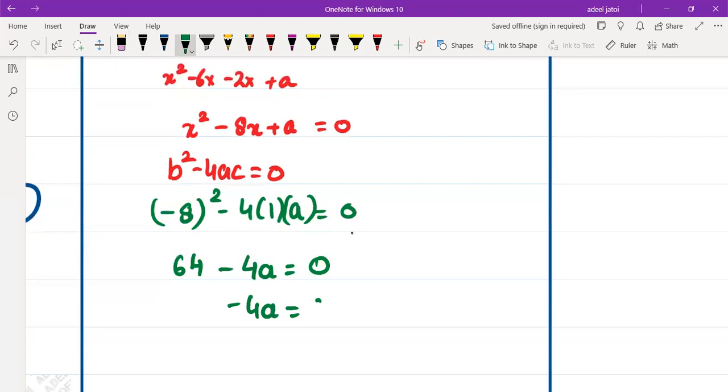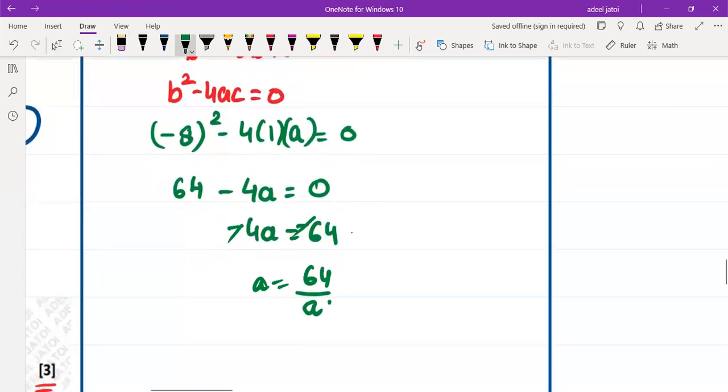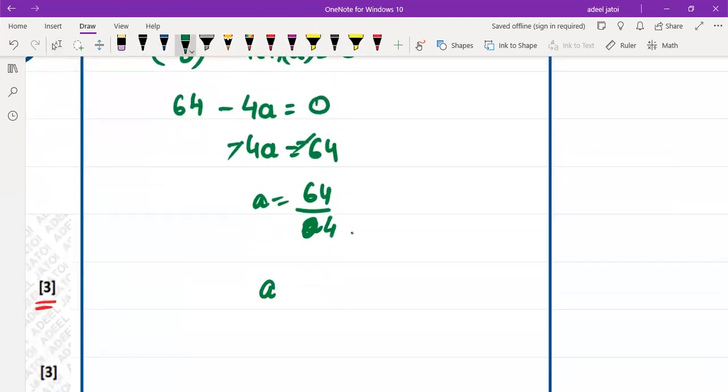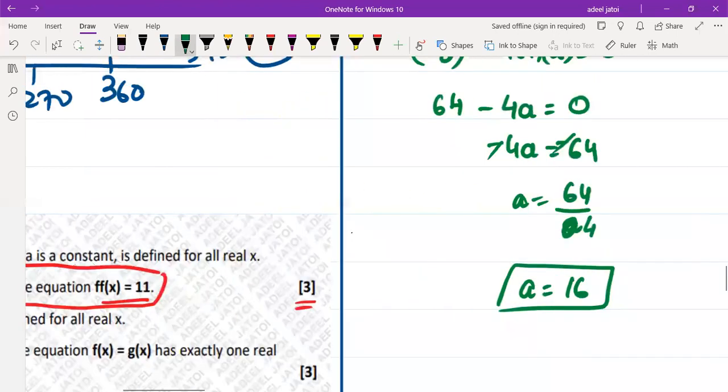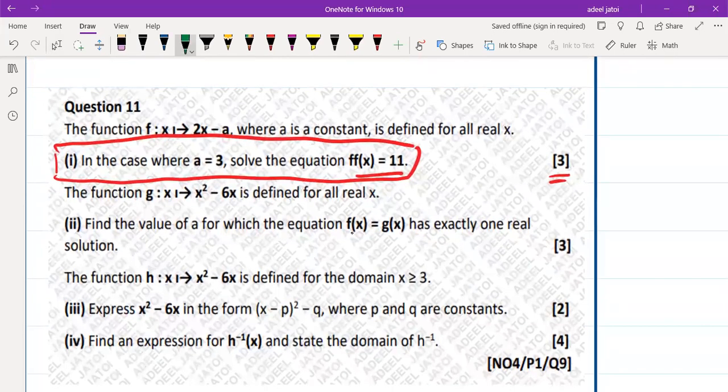Minus 4a is equal to minus 64. Negative is cancelled. a is 64 upon 4. So what will be the answer? a will be equal to 16.